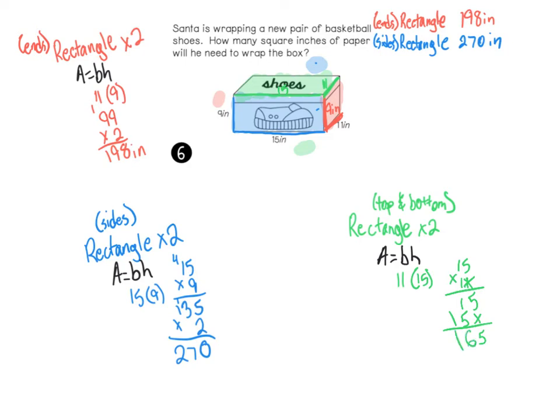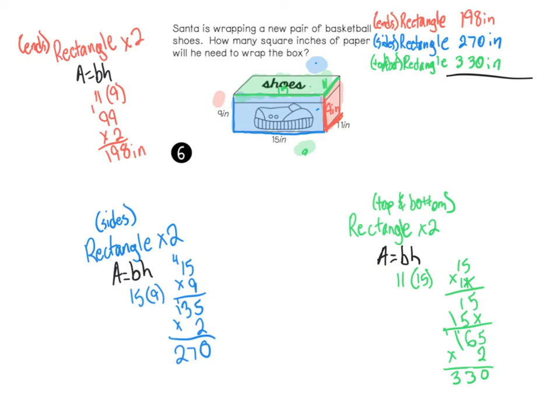Now, there was 2 of those, so we have to multiply by 2. Remember, there's a bottom and there's a top. To get 330. Now I need to add that up top. So top and bottom rectangle. That was 330 inches.